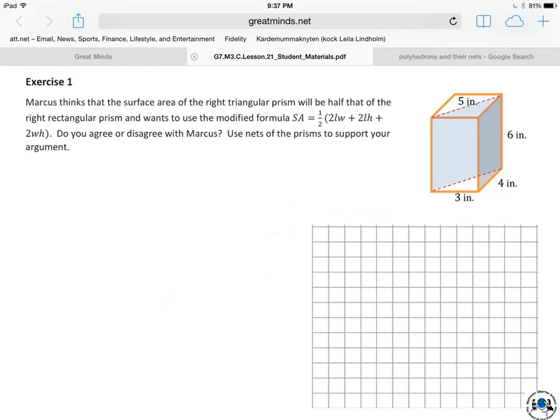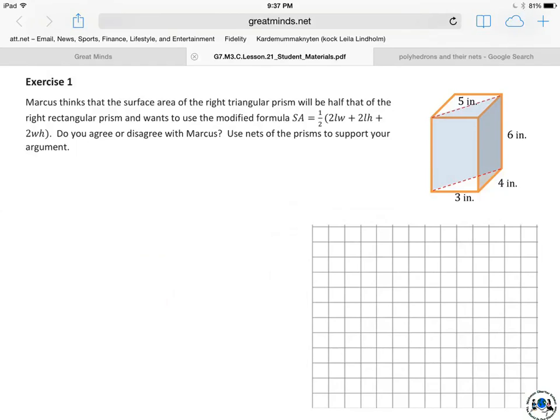SA stands for surface area. The surface area of this right triangular prism equals 1/2 of 2LW plus 2LH plus 2WH. Do you agree or disagree with Marcus? Use nets of the prisms to support your argument.